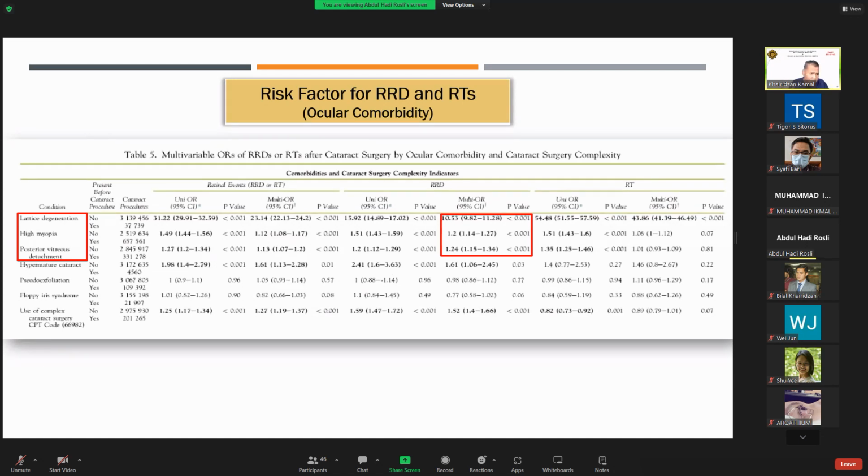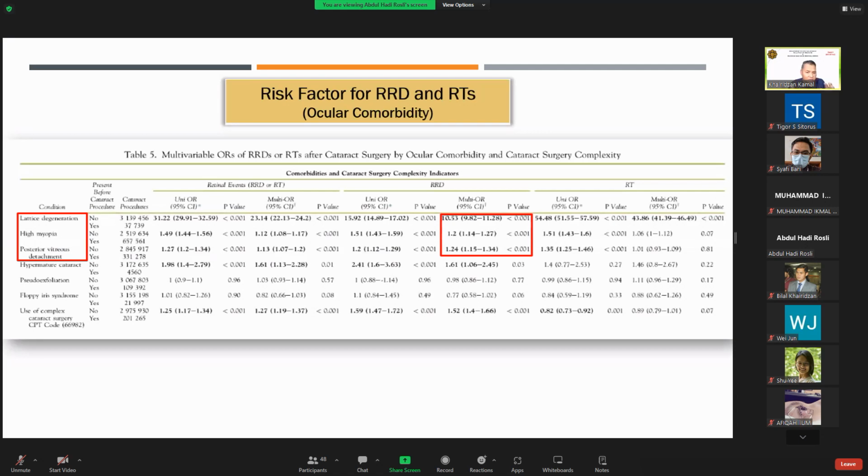And this is talking on the refractive side as well, because whether you want to do suction or not. It used to be that PVD was one of the main criteria. They say that if you have a PVD, then the suction is better because you have already detached, you don't induce. But then people said no, with people who have PVD, you might actually have a tear.